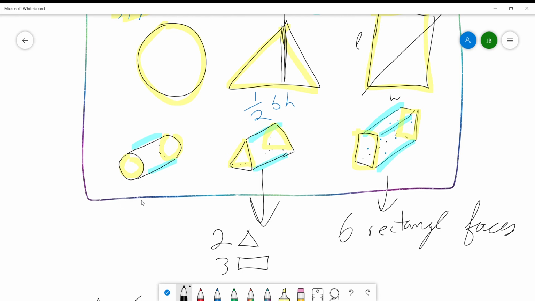Over here, we're looking at two circles, and then we have one loopy thing, one curled up tube. They called it the curved surface in the book. You can call it that if you want. I think we should keep that terminology consistent. The curved surface.